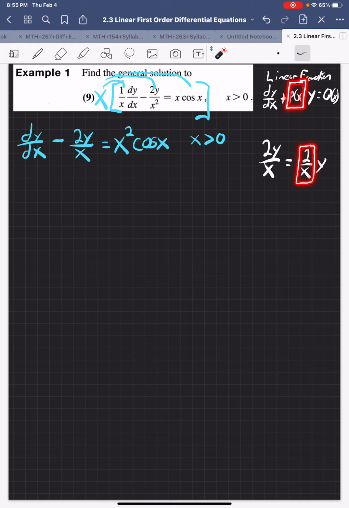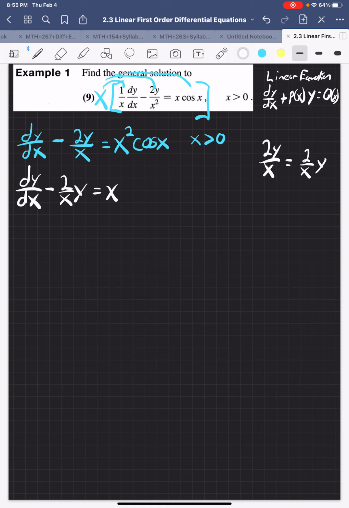So let's finalize this by writing it in its proper form: dy/dx minus 2 over x times y is equal to x squared cosine of x. Now we can rest assured this is a linear differential equation.